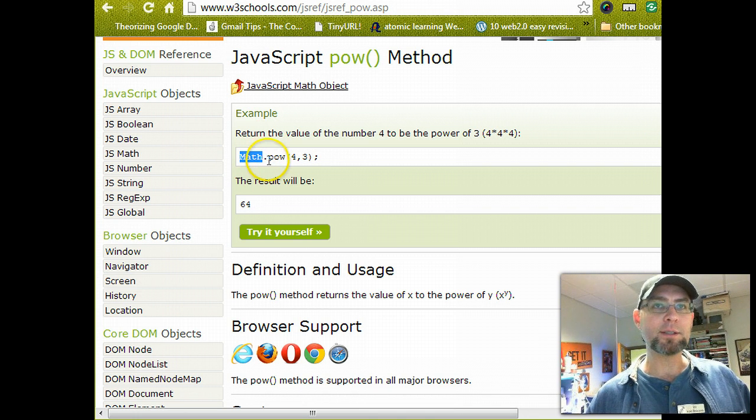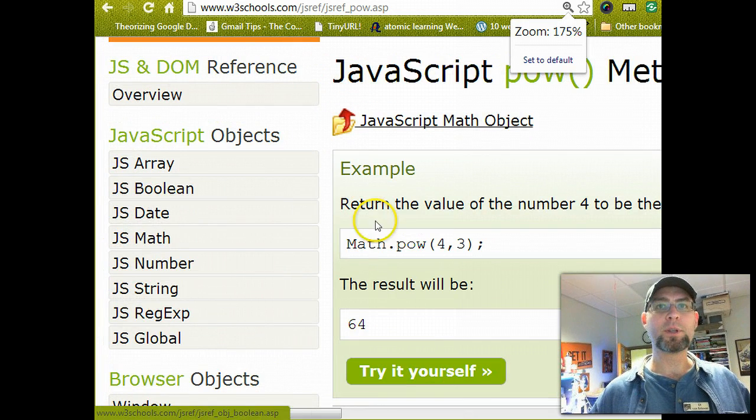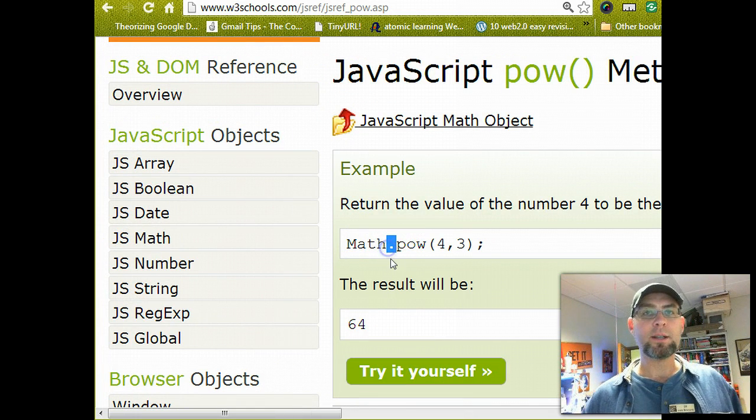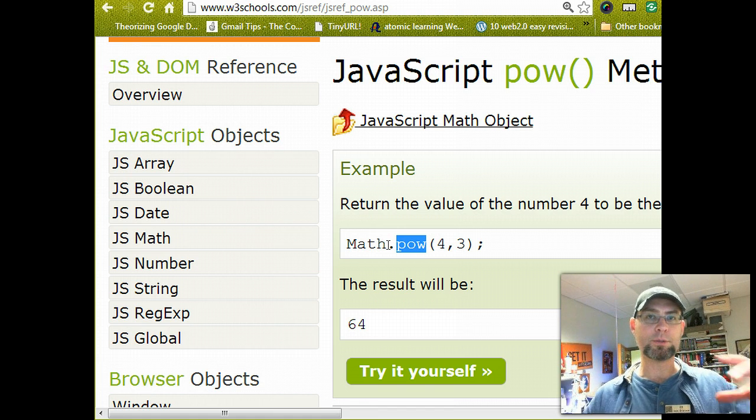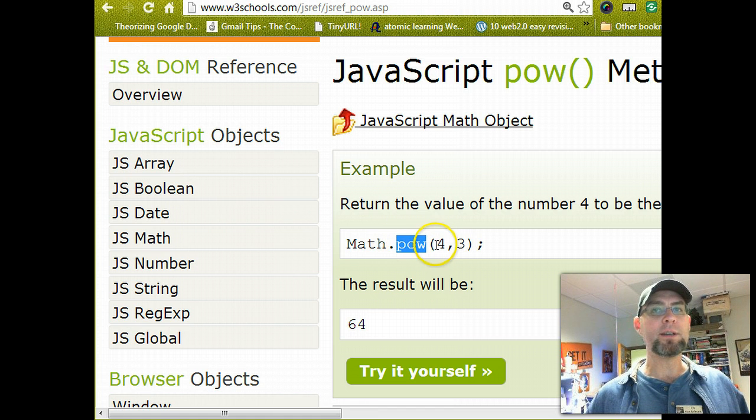The dot tells us that this is a possession of that. So POW is part of Math, and what it stands for is power, as in exponents. So Math dot says here comes something that belongs to Math, so it's part of it, and then we give it what are called arguments as parameters.